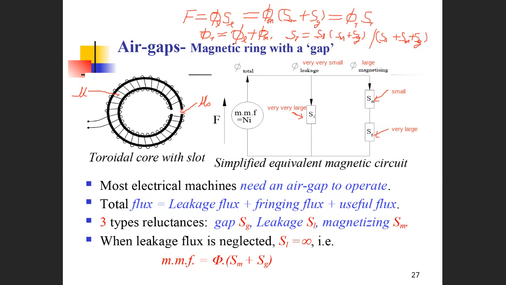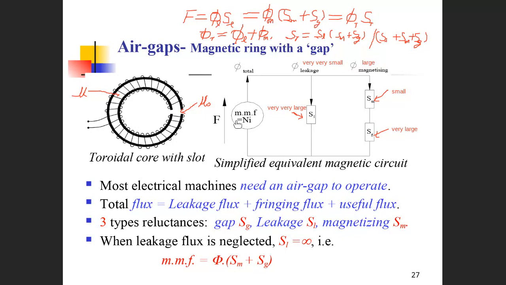So look at here. From Kirchhoff's voltage law, for parallel branches the potential drop is the same. Here it is the magnetomotive force drop: this potential drop, this potential drop, this potential drop, each equal to flux times reluctance.